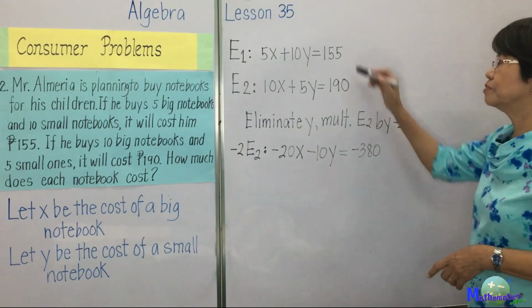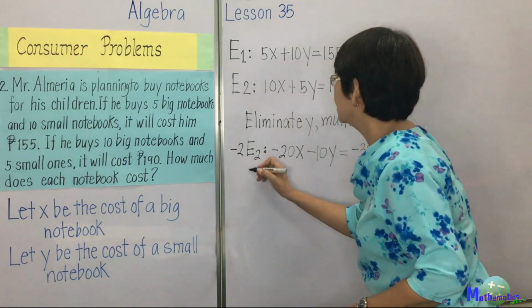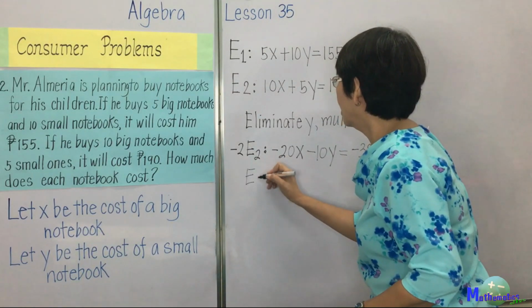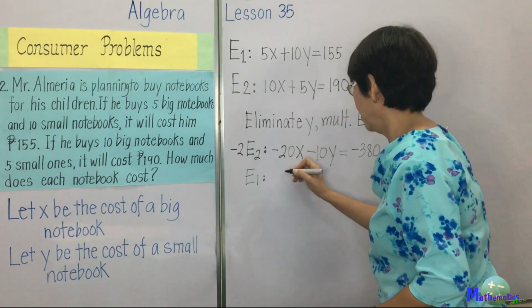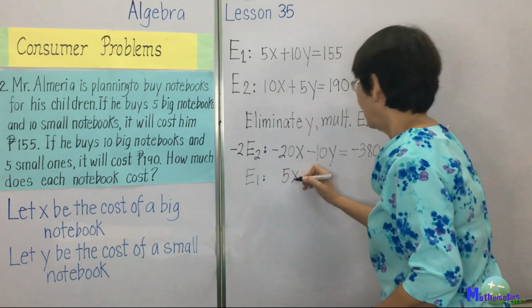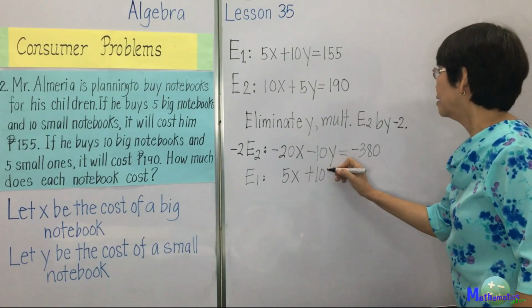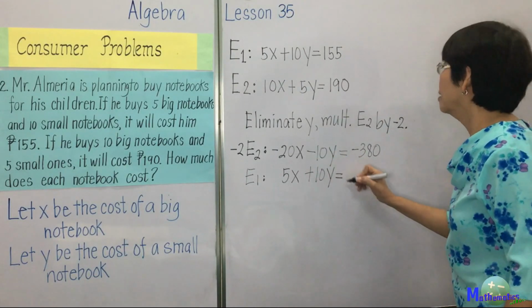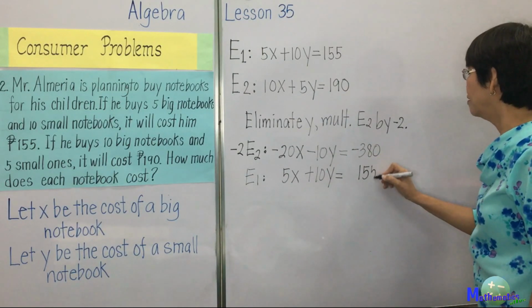And then, we'll just bring down the equation 1. Copy equation 1. 5x plus 10y equals 155.